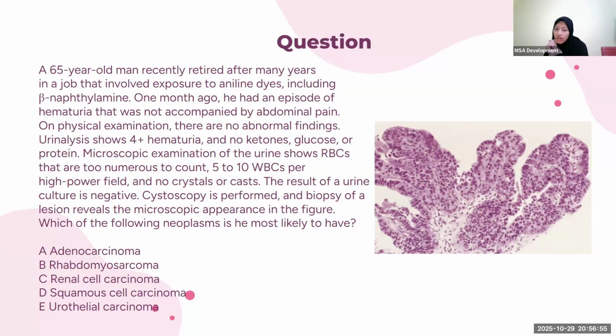Now, number one, this looks like cancer. It's been for many years, and he has painless hematuria. Painless hematuria can come with bladder cancer or renal cell cancer, kidney cancer, right? But he has no abdominal pain, and the risk of aniline dyes is reported more for bladder cancer. Remember, it can be caused by dyes.